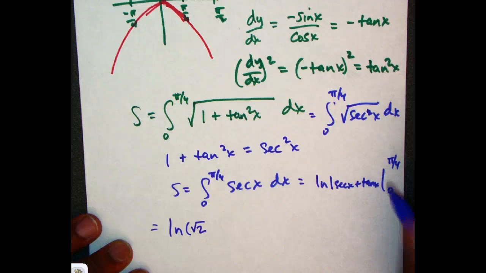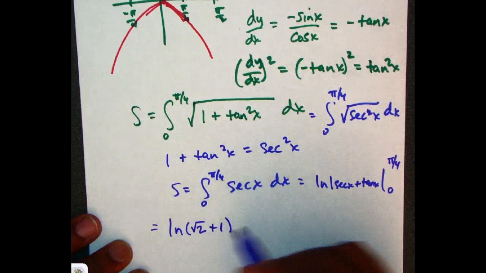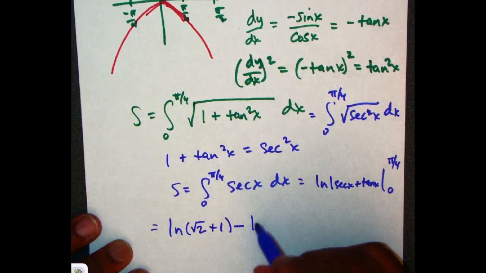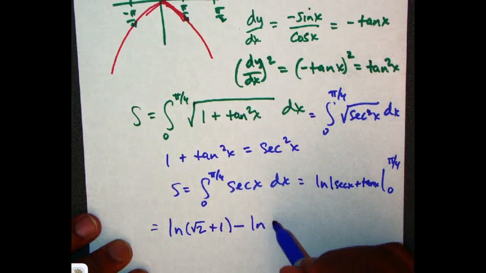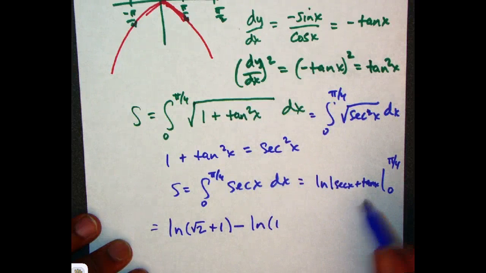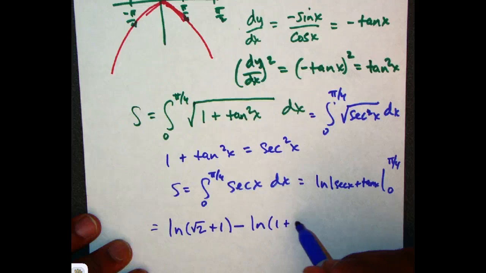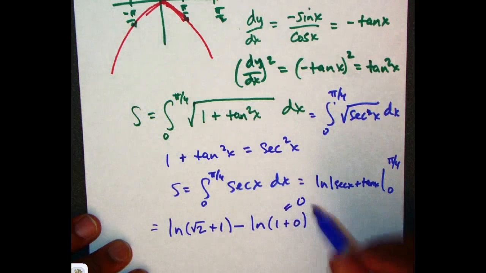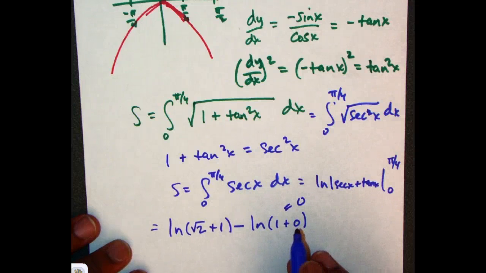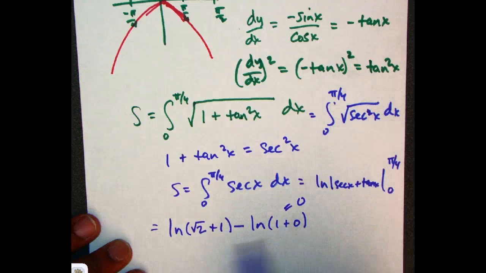Tangent of pi over 4 is 1, minus natural log, well, secant of 0 is 1, and tangent of 0 is 0, and then natural log of 1 is 0. So our answer is natural log of square root of 2 plus 1.